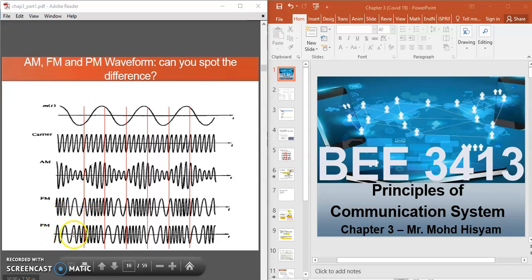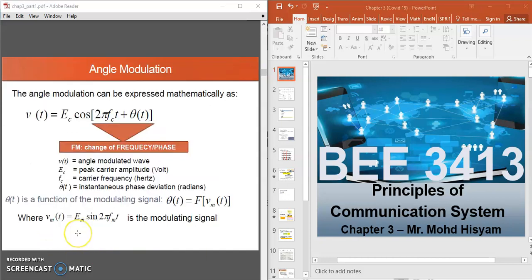Here we play in terms of phase. So angle modulation is similar. We can express the signal mathematically. You see it is quite similar to amplitude modulation, but right now we change it into frequency and also the phase.